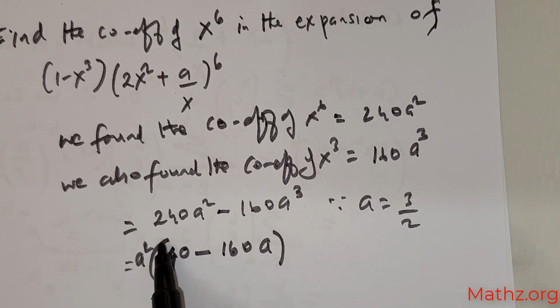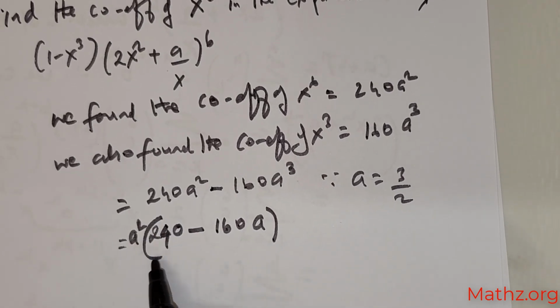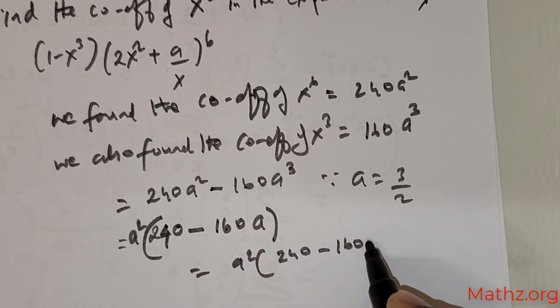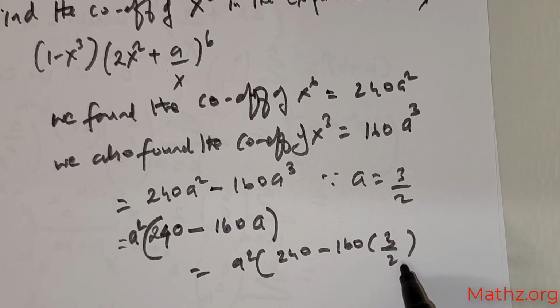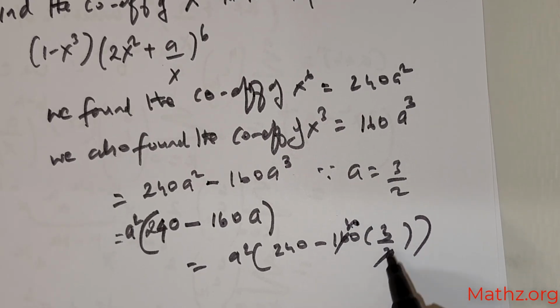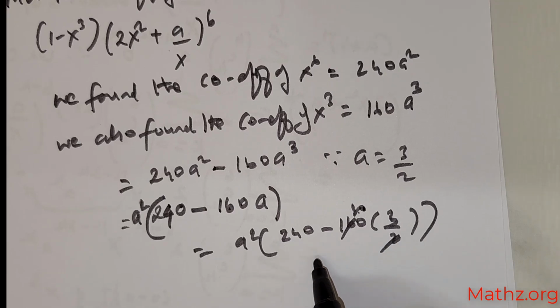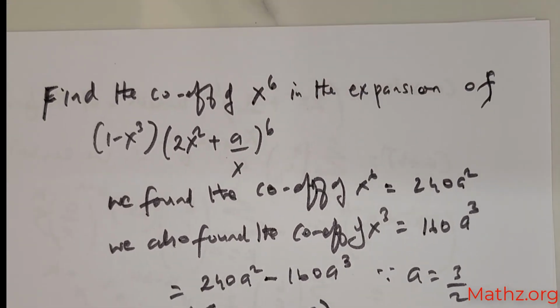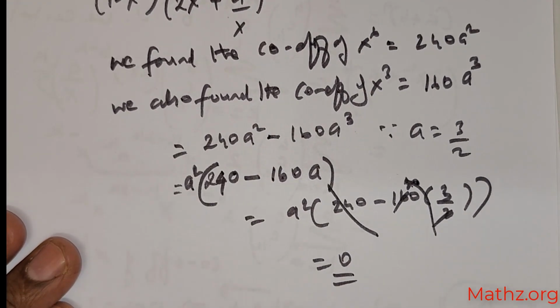Right, this is how the form will look. Now substitute this value. So a squared times 240 minus 160 of 3 over 2. 2 divides here, 80 times. 80 into 3 is 240. You already have a 240 there. So both the terms get cancelled, giving you 0. So that's the solution for this question. Okay, so we move on.